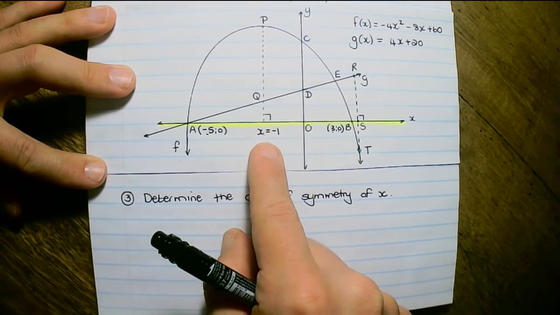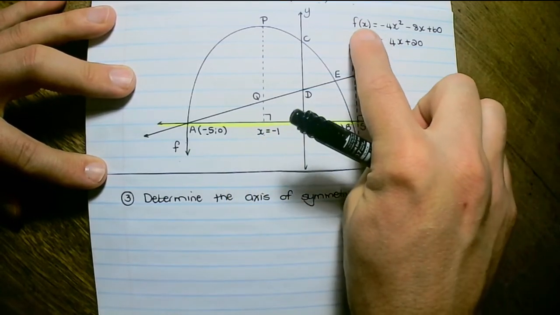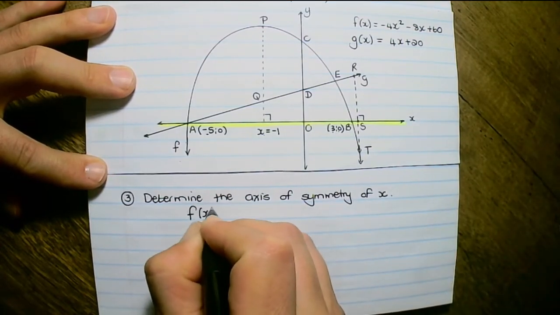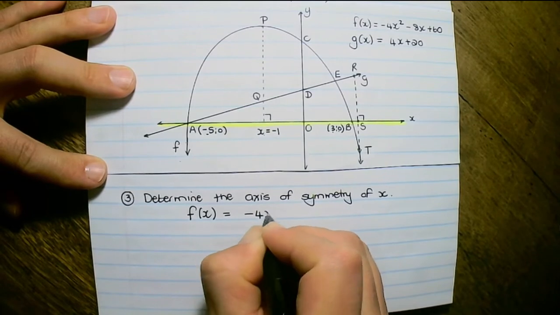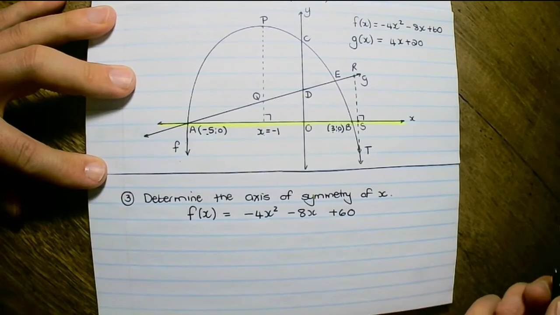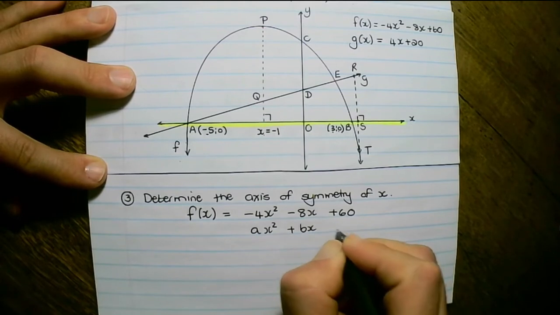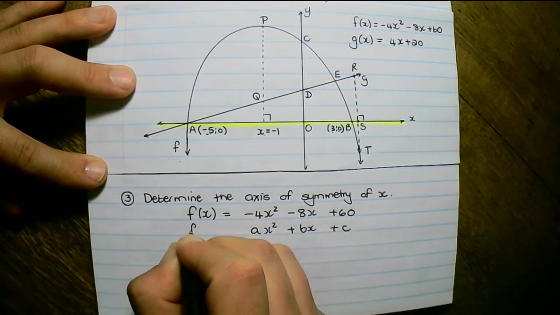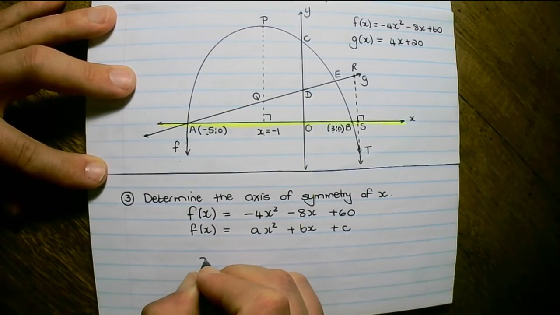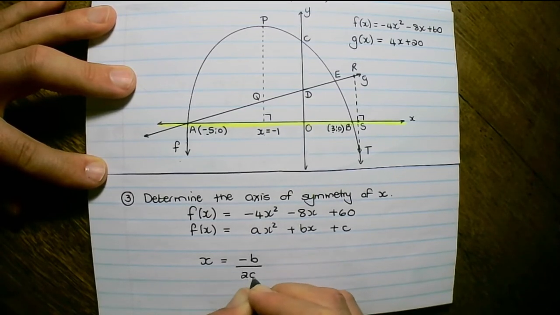But if you are not given the diagram, you can find the axis of symmetry by using the equation of the function. So we are given f(x) equals -4x squared - 8x plus 60. Now this is the same as ax squared plus bx plus c. To find the axis of symmetry, you say x is equal to -b over 2a.